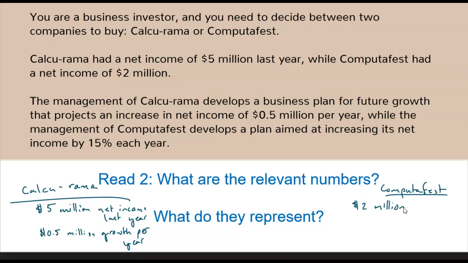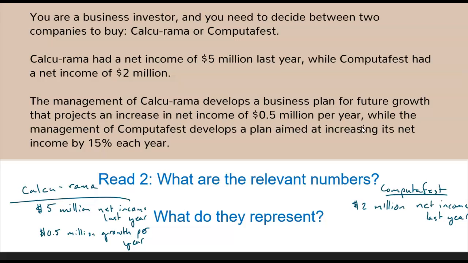So the money made minus the expenses. That's going to be your net income. This is in contrast to the gross income, which is just the income and you ignore the expenses. Net income, you subtract out the expenses. So 2 million net income, we have subtracted out the expenses last year.